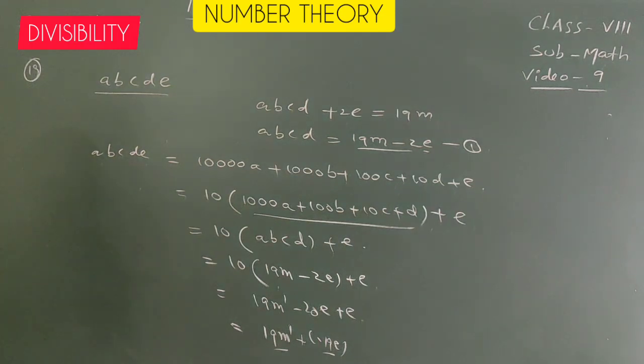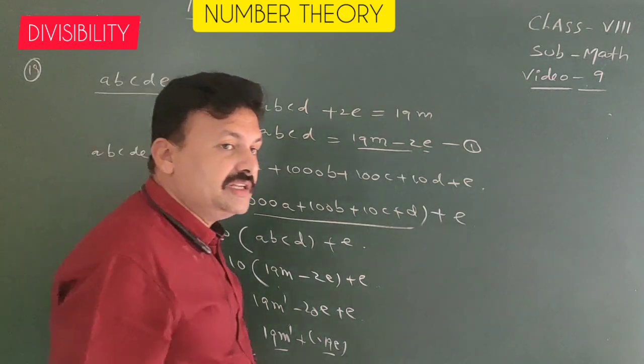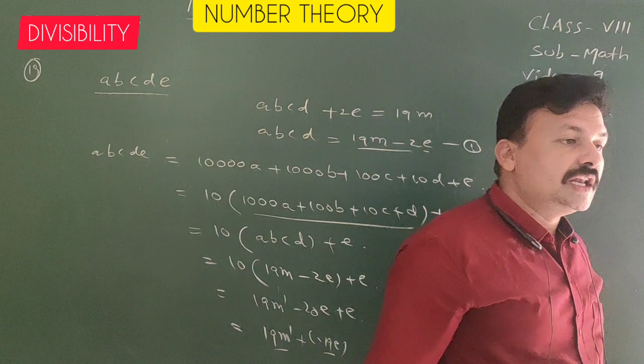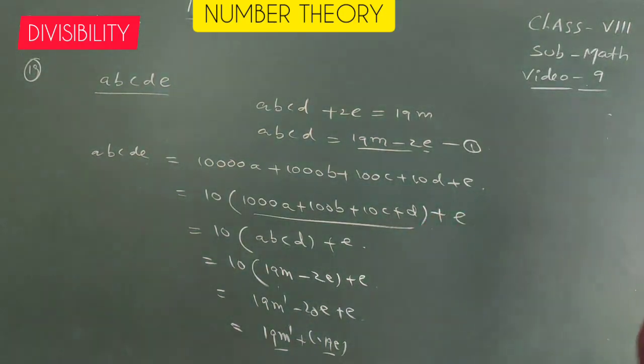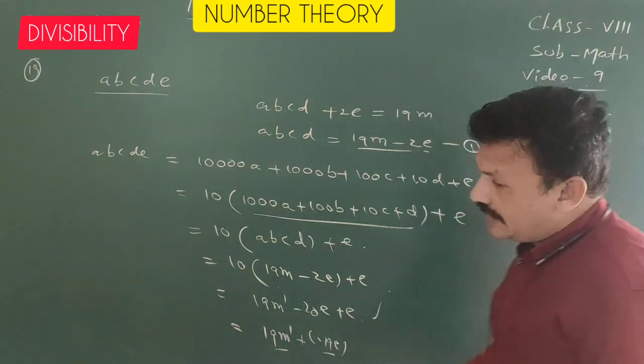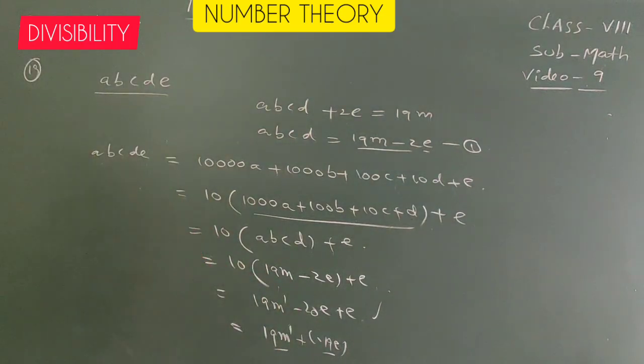For the given number, the first part is divisible by 19, the second part is divisible by 19, so the total number is also divisible by 19. Okay, this is the proof for the divisibility rule for 19.